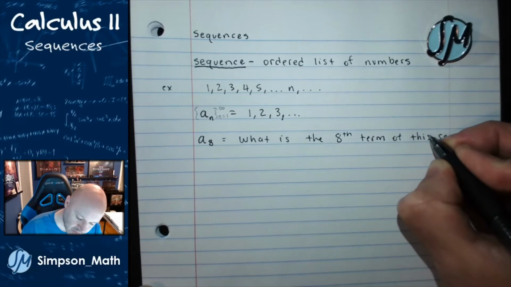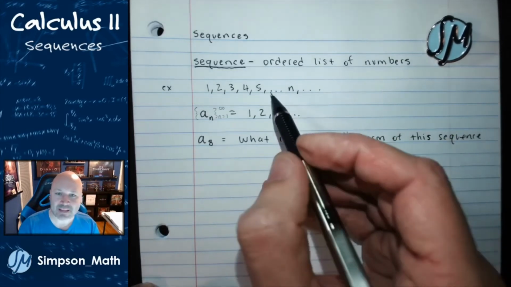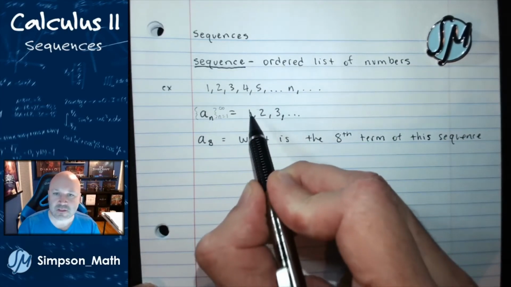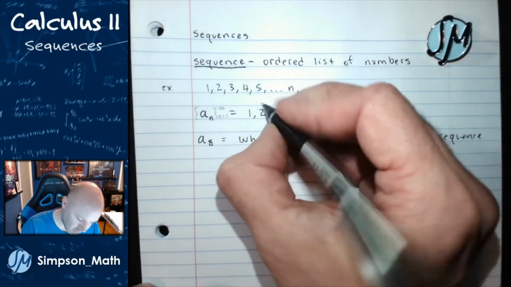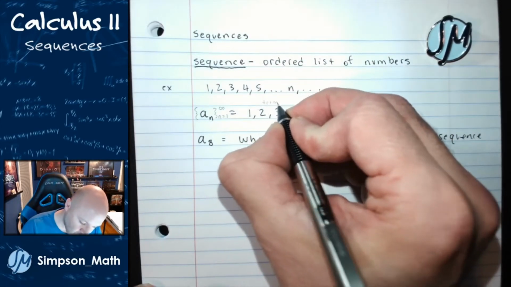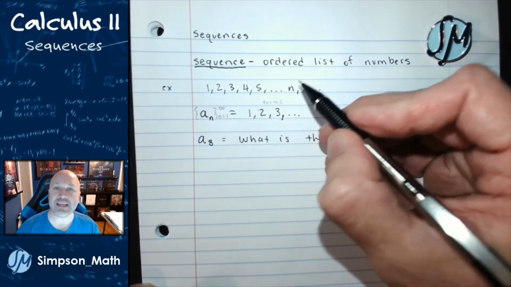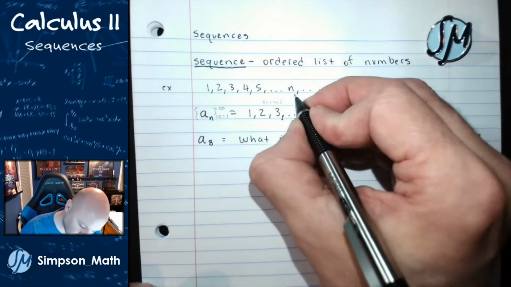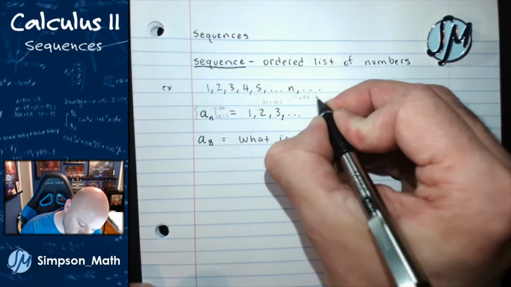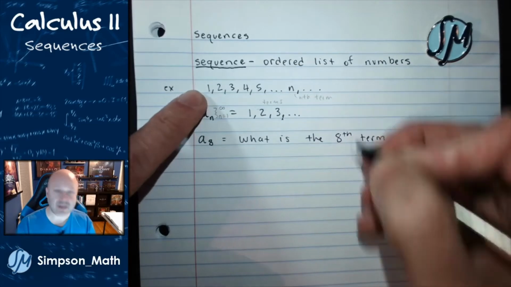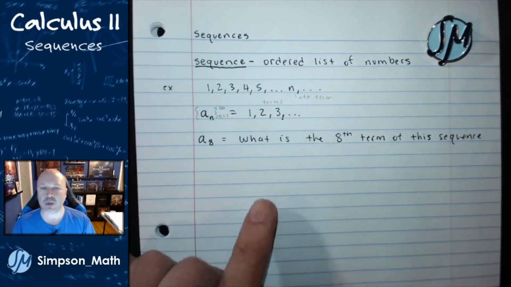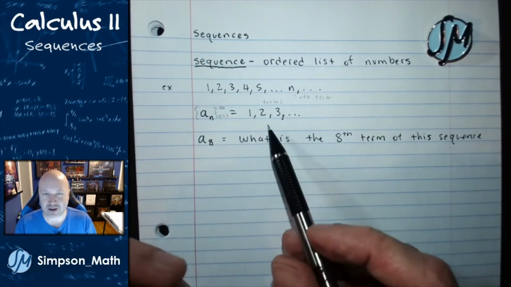Now, term, what is a term? Well, back in this sequence, these are terms. So n is the nth term. 1 is the first term. So what's the 8th term? Well, this sequence is kind of obvious.